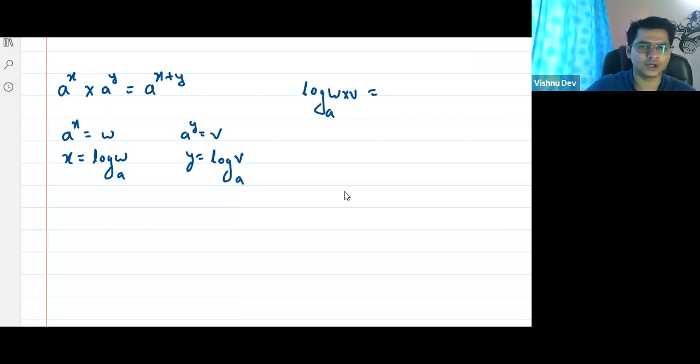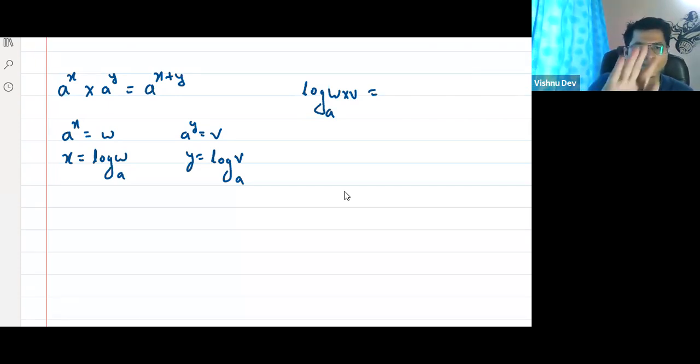What does log give the value of? Power, right? Yes or no? What's the answer, Mohil? No Sanvi, wrong. No Mohil, that's wrong.